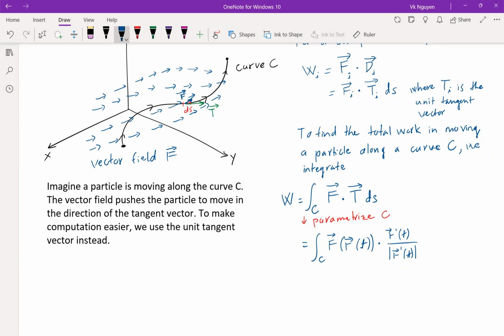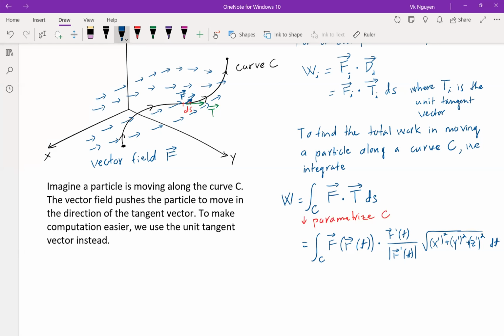Then the ds here, you have to figure out the ds. Well, last time we did the ds. ds is the root of dx over dt squared plus dy over dt squared, so it's x prime squared plus y prime squared plus z prime squared dt.